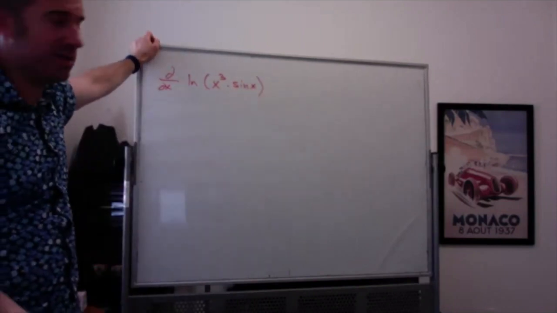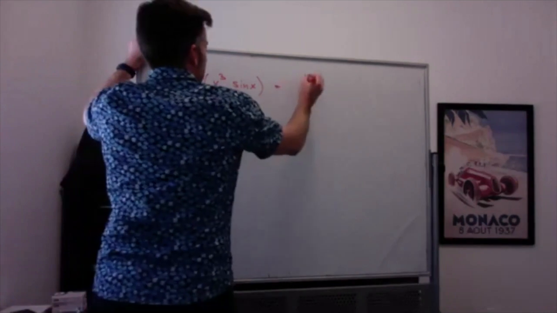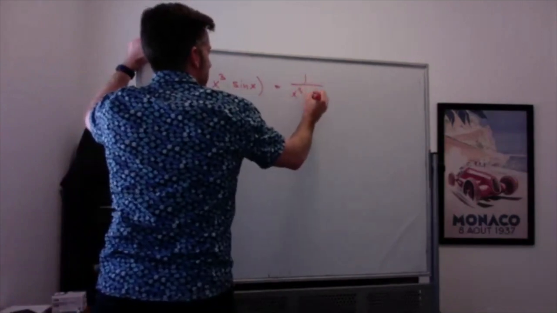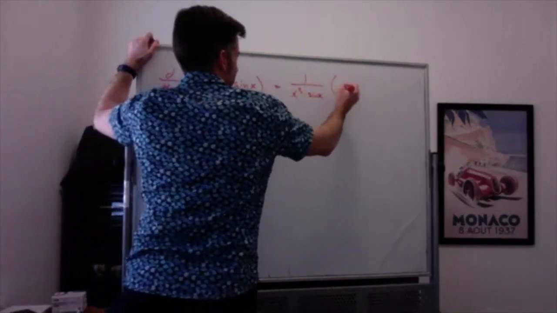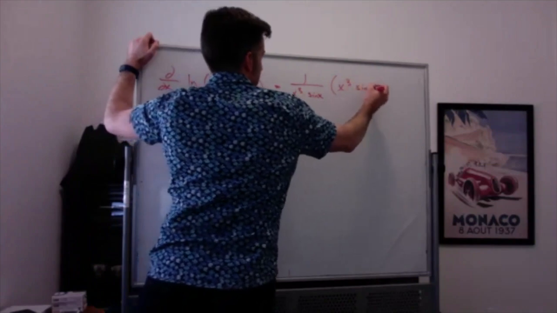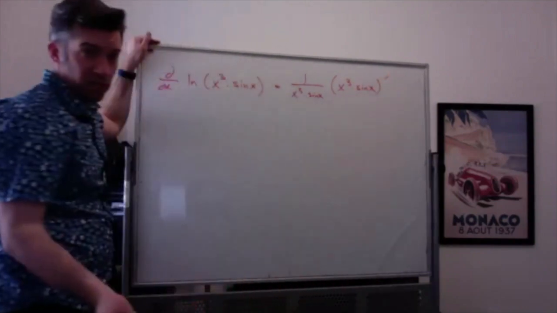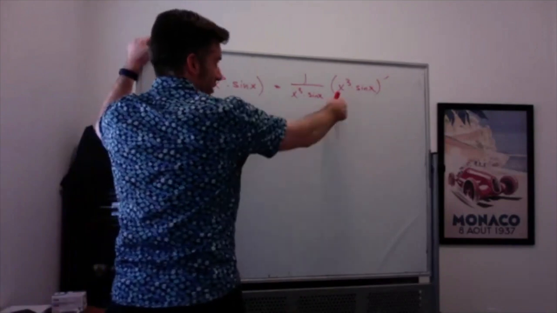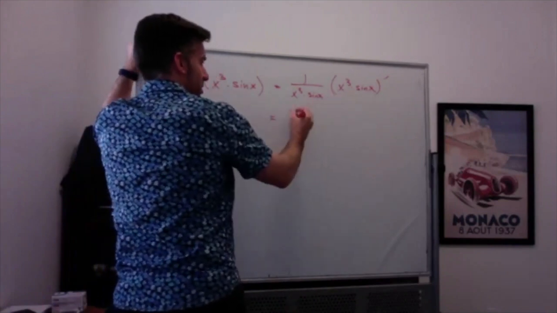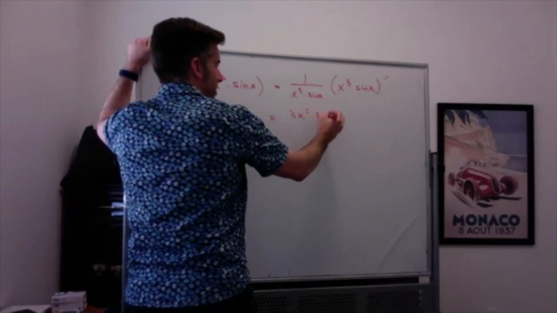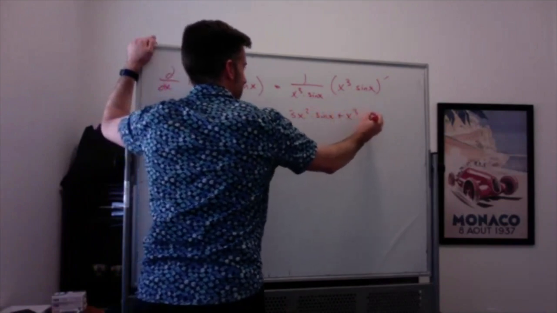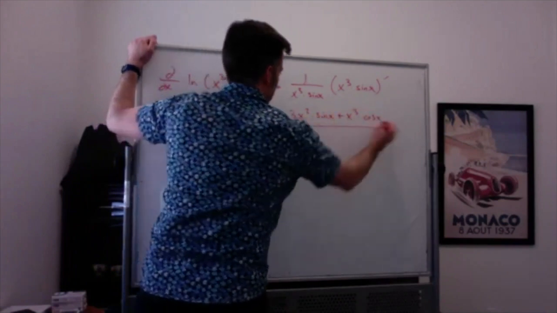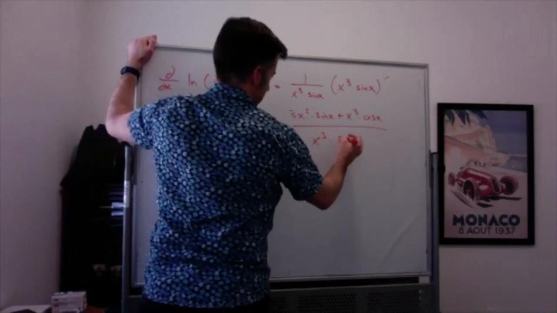You could say, all right, the derivative is 1 over the stuff times the derivative of that stuff. And then I'm going to have to use the product rule. So I'm going to get the derivative of x cubed sine x, which is 3x squared times sine of x plus x cubed times cosine of x, all over x cubed sine of x.